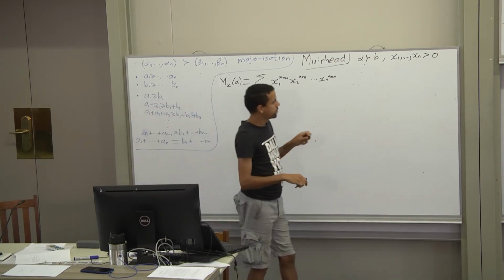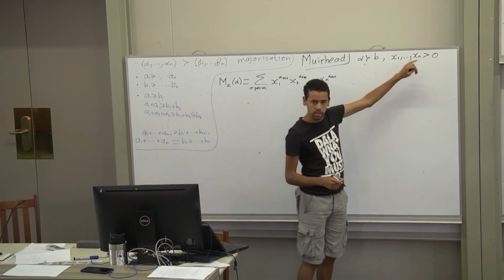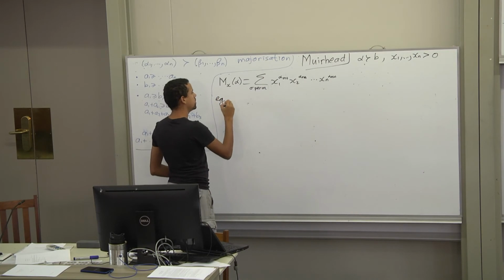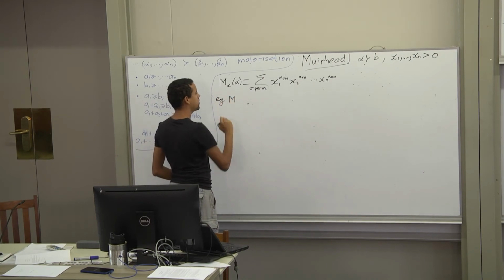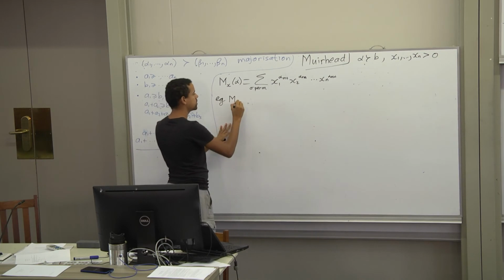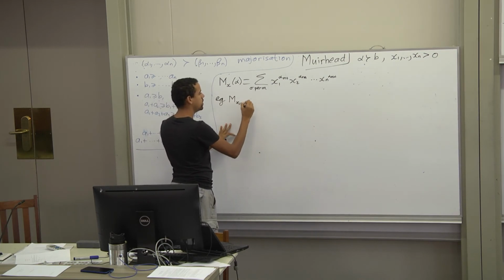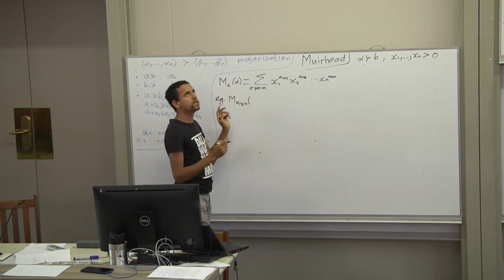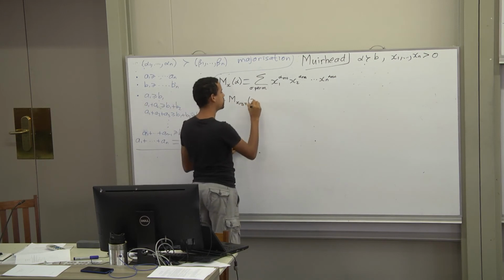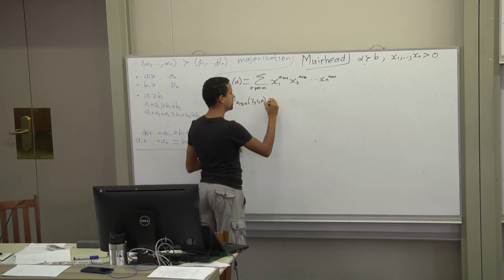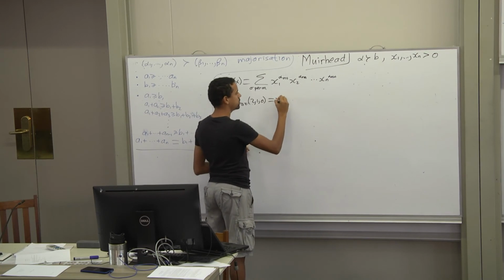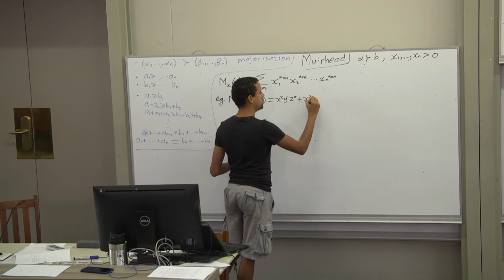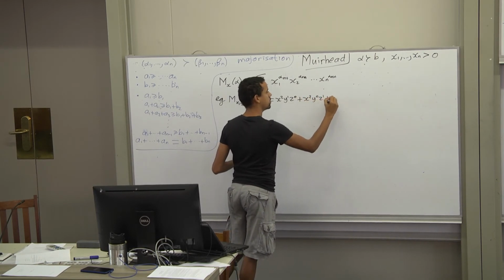So one way to see it is that, let's say you have x, y, and z. So that's a definition. Example, if you have m of 3 variables, x, y, z, and your sequence alpha is 2, 1, 0, for example, then the sum is going to be x to the power of 2, y^1, z^0, plus x^2, y^0, z^1.